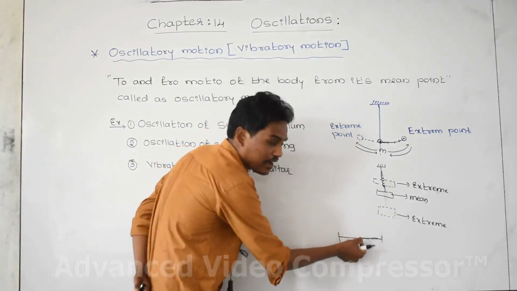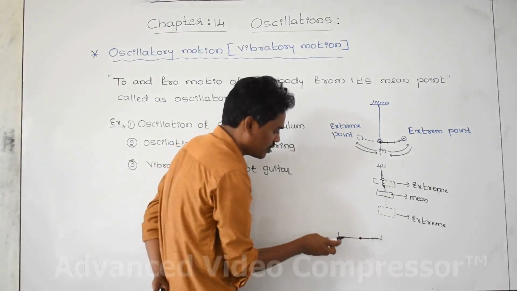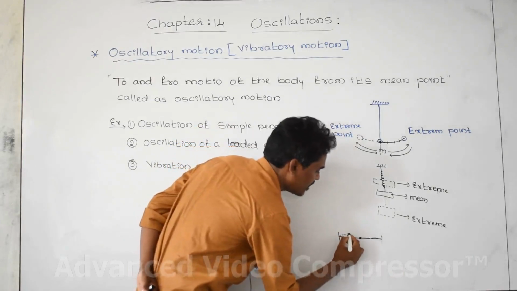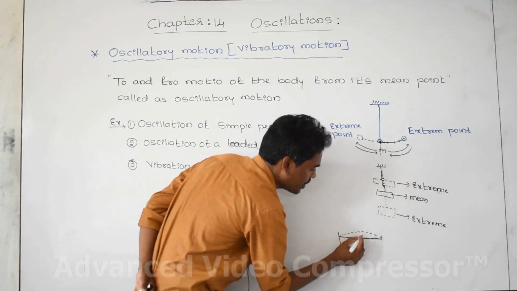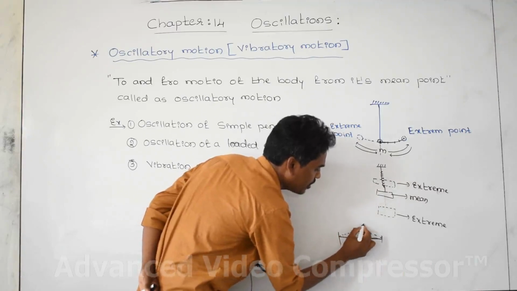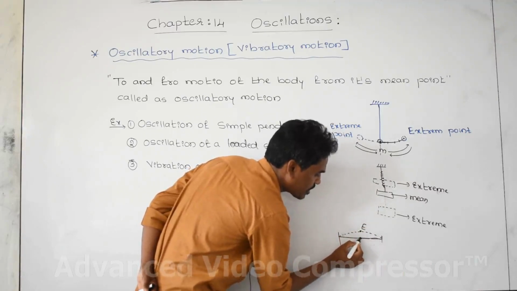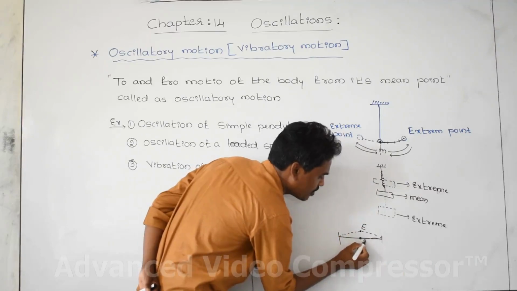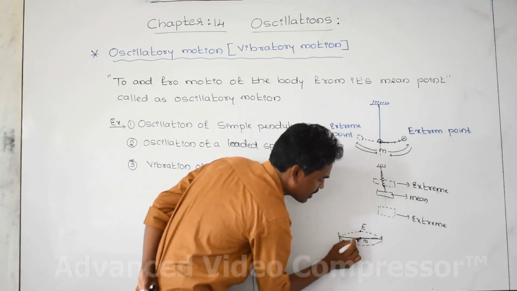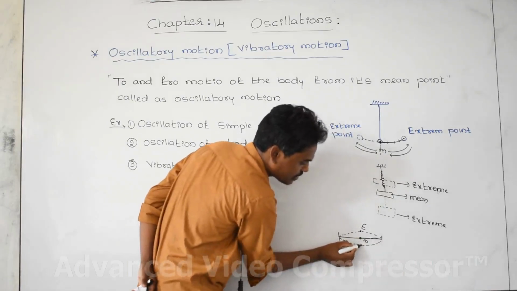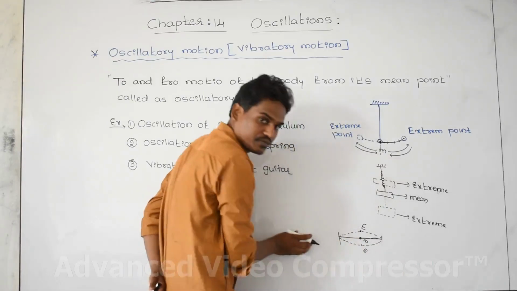If you disturb the wire by your finger, the wire vibrates like this. The wire moves up, and this point is called the extreme point. Again the wire comes to the mean point, and again moves in the downward direction, and again this point is called the extreme point.